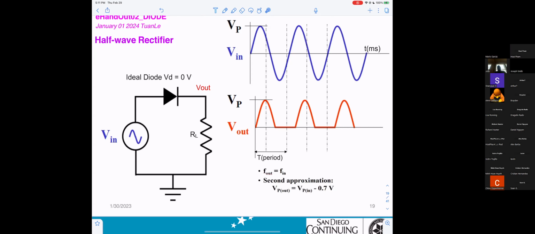If the diode voltage is 0.7 volts, then V out will be equal to V peak input minus 0.7 volt. Okay?